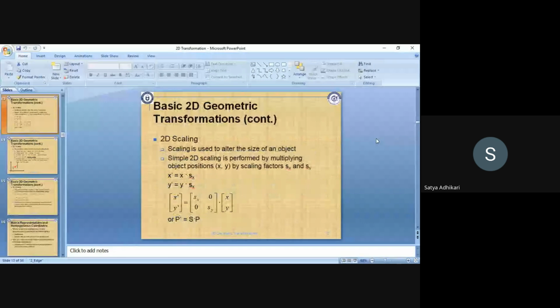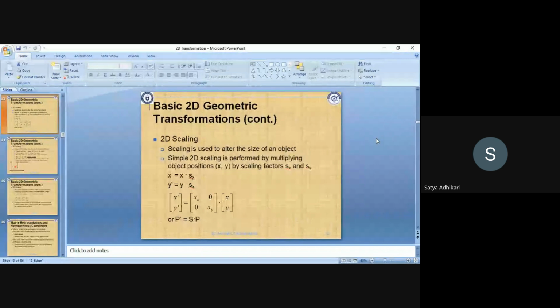And this is scaling. Scaling is used to alter the size of the object. Suppose x, y is the position, and x dash equals x into sx. But recall the translation: x dash equals x plus tx, y dash equals y plus ty.